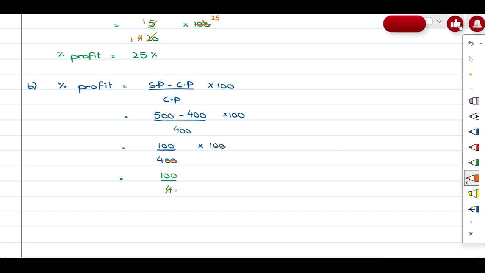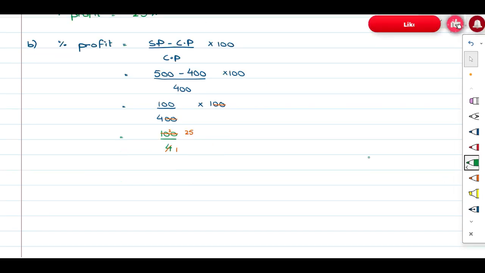Simplified further, 4 times 5 is 20. All right, so the answer for the percentage profit is 25%.